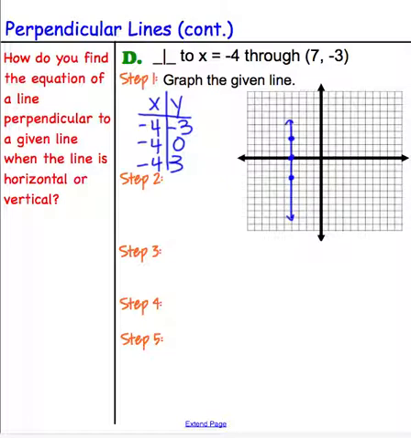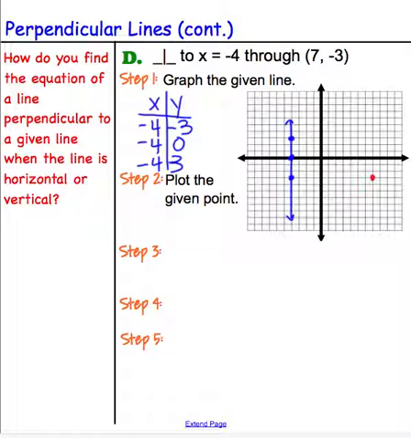Now, step 2 again is going to be to plot the given point. Our point that we are plotting is (7, -3). So I'm going to count 1, 2, 3, 4, 5, 6, 7, down 1, 2, 3, which is our point right here.